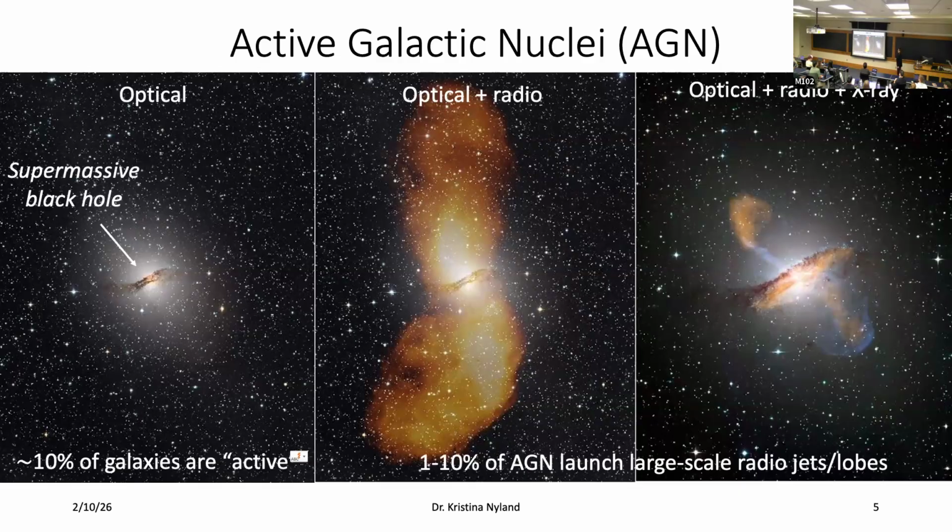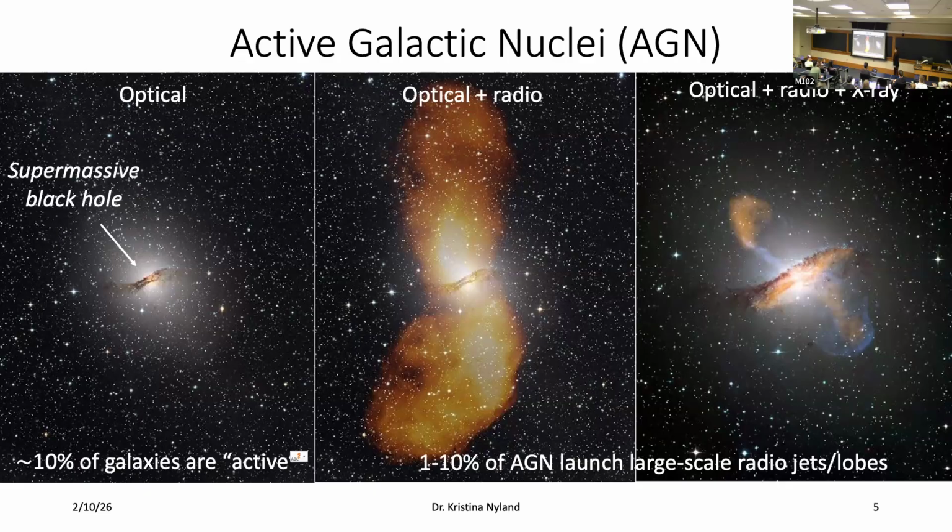I chose a very famous AGN here. This is Centaurus A. In the leftmost panel, this is an optical image where you can see the host galaxy. It has this prominent dust lane here. This is a fairly low luminosity AGN.